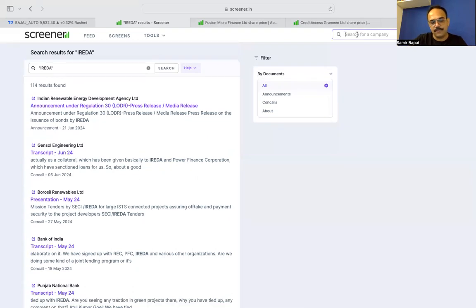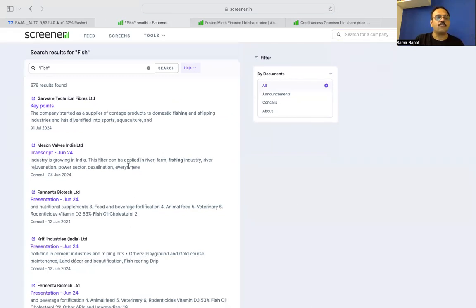Or you can go and search, let's say, fish, fish feed. Like that, right? So all this way you can go and search here in Screener.